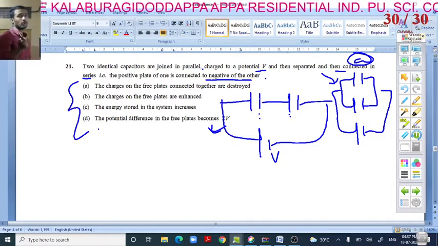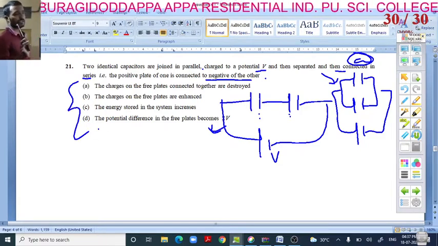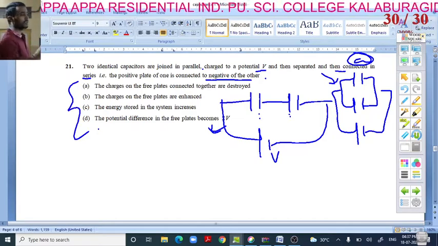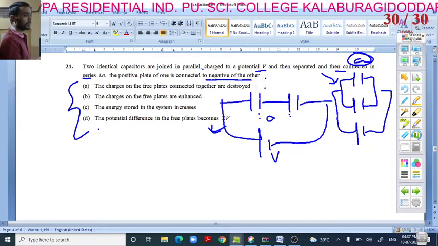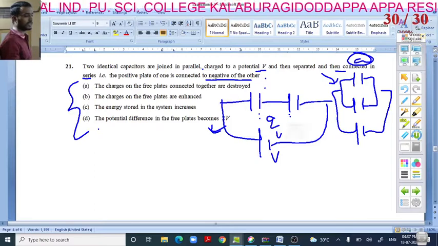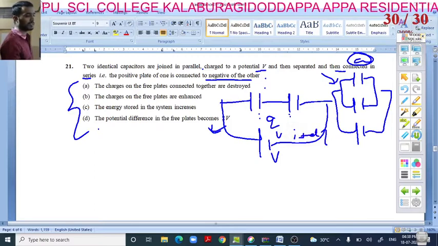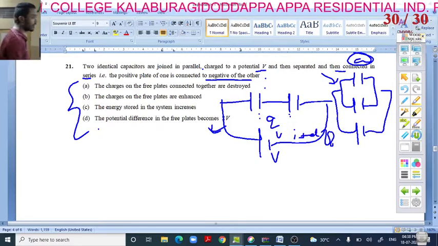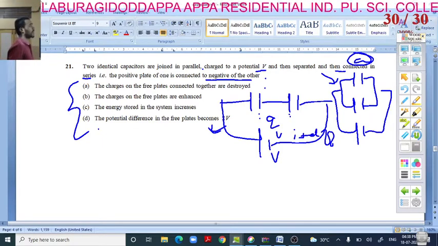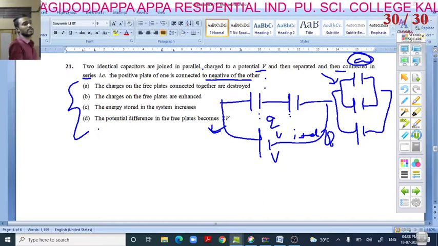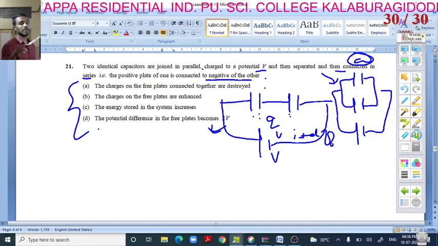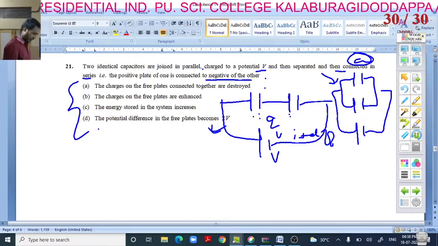We have already discussed this regarding the charge. You should know that in series Q remains the same, V is different. So V you have to calculate here. In series, Q remains the same in all the plates, but V will be different, right?